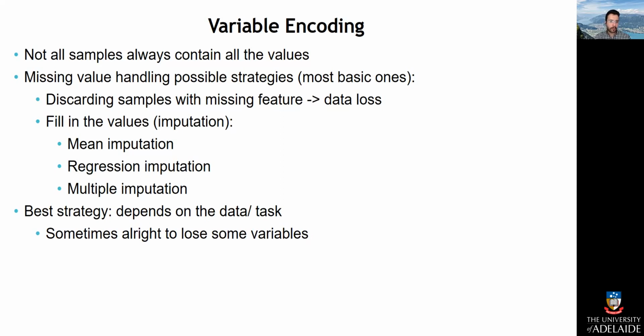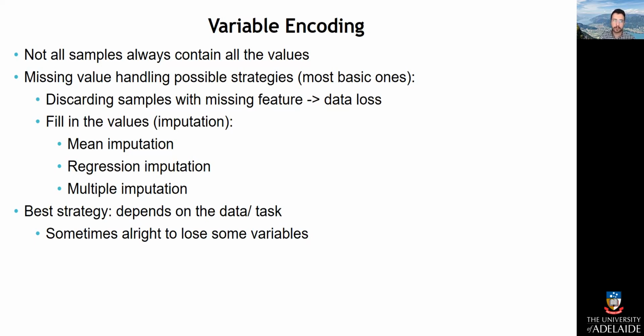So another topic is: what if you have missing values? It's very likely when you are given a CSV file, let's say, or a text file, or many other sorts of files, that you have some missing values. There are some rows in your data set that don't have a specific variable.